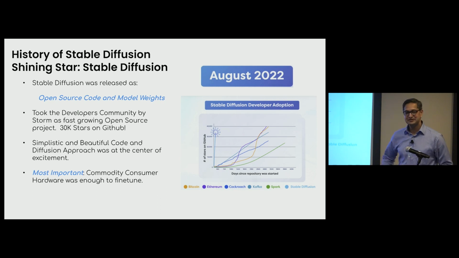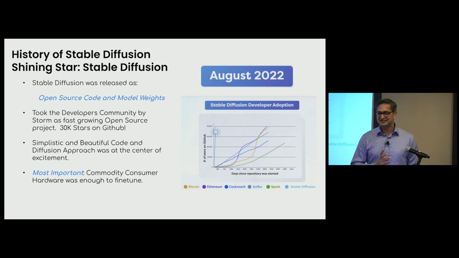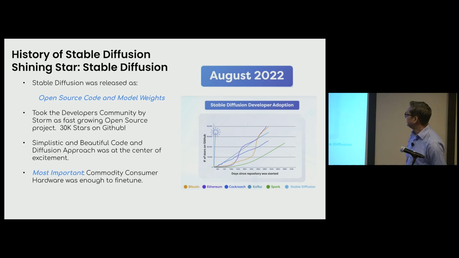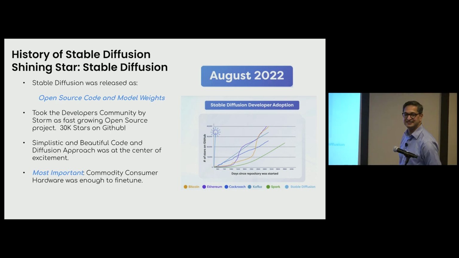And just to put in perspective how much flow of information it has created in the developer community, you have to see this one. These are the most prominent GitHub repositories. You can see there is Ethereum, Bitcoin, Kafka, and Spark, and whatnot. And you see the vertical climb here, this is Stable Diffusion. This is the number of stars their repository got.